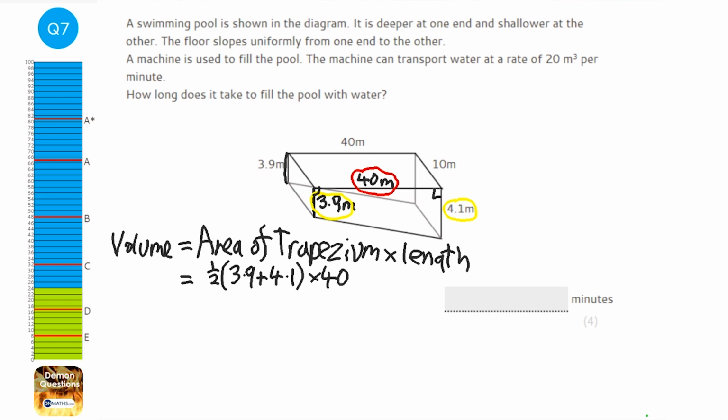And as I said before, the length is how 3D the prism is. Now you'll be careful because you need the cross section to face you, but more or less, mostly they do. So it's times 10. Okay, 3.9 plus 4.1 is 8, and half of 8 is 4.